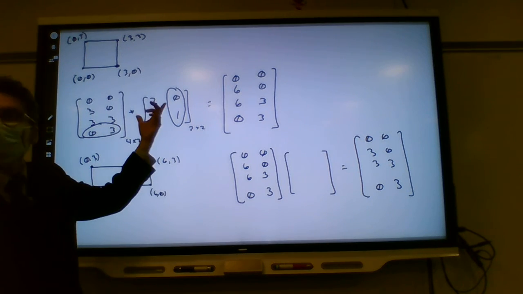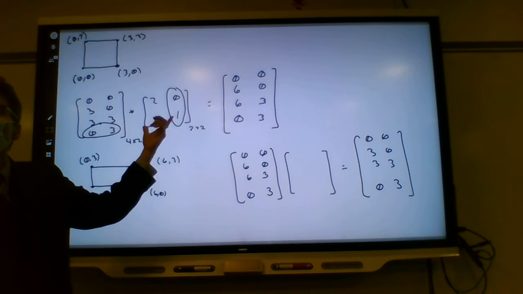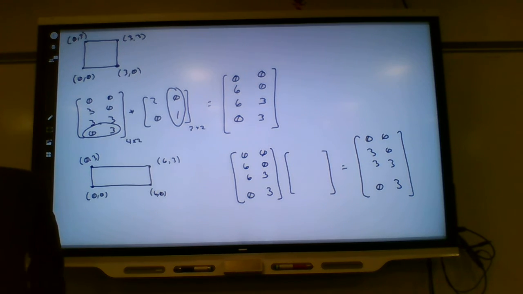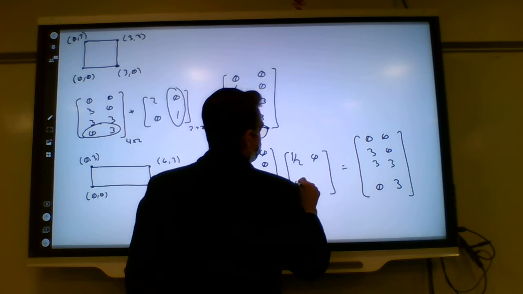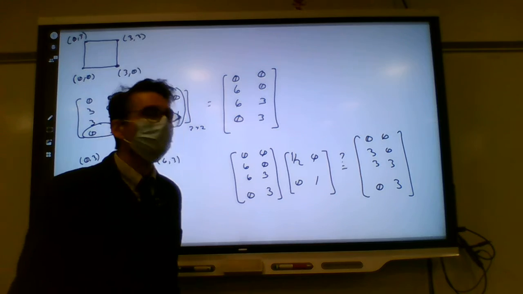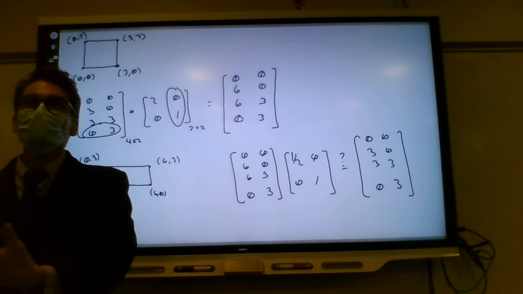How could I undo what I did here? Replace 2 with 1/2. So we doubled. Let's see if we replace it with 1/2 and see what happens.